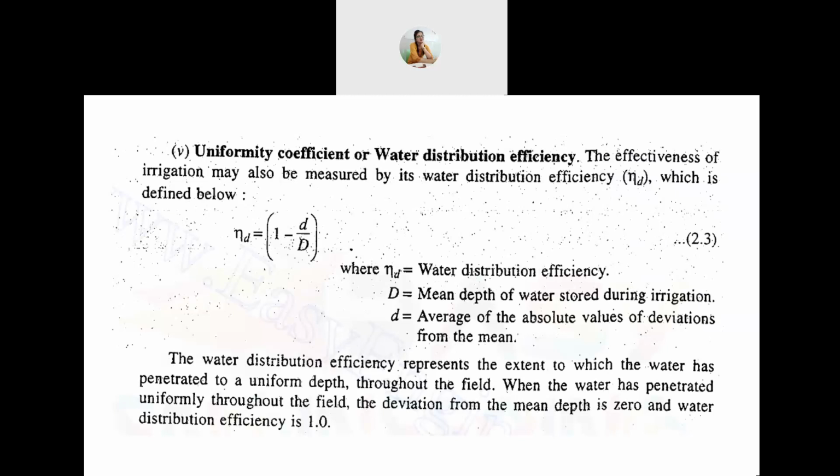Water distribution efficiency is equal to 1 minus the average of the absolute values of deviations from the mean divided by the mean depth of water stored during irrigation. The water distribution efficiency represents the extent to which the water has penetrated to a uniform depth throughout the field. So when the water has penetrated uniformly throughout the field, the deviation from the mean depth is 0 and water distribution efficiency is 1.0.